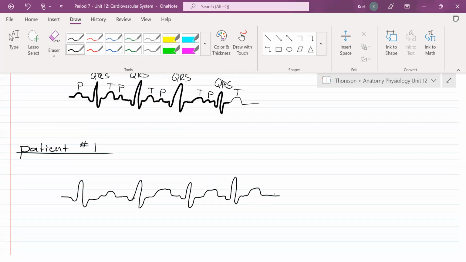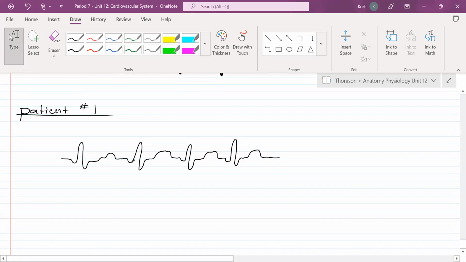Oh, I see. So you think the P comes after? Bingo. There's no P. If there's no P, what node is not working properly? This is an SA node that is non-functional. Very good eye.